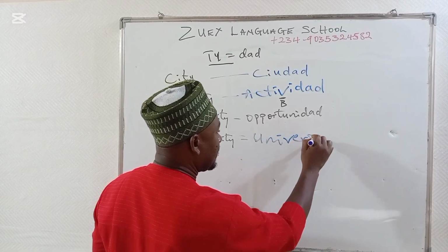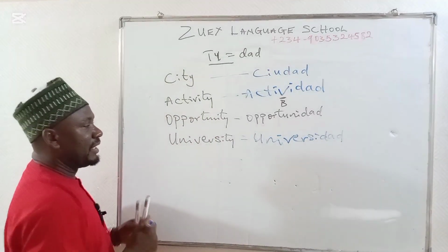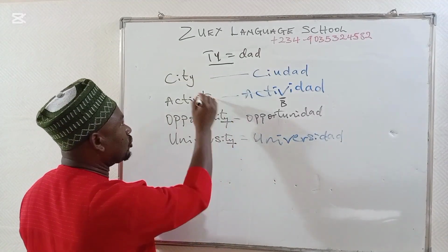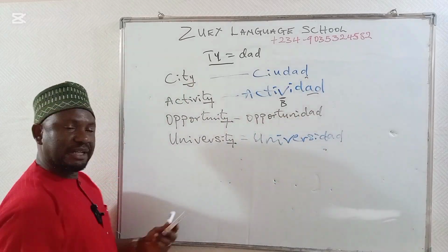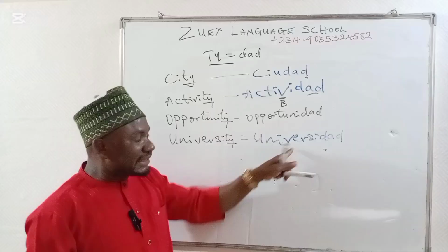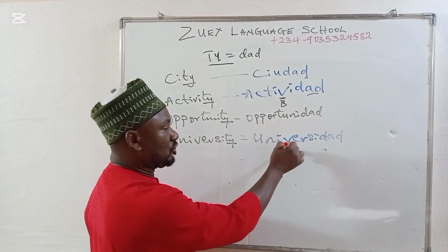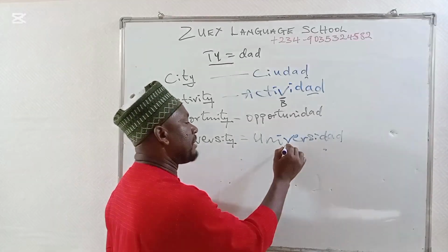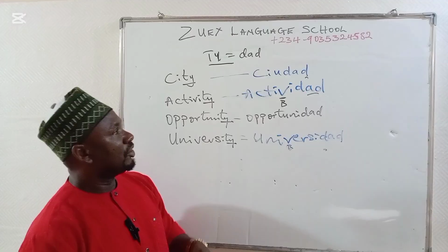Simple. The ty goes, and it's replaced with dad. That's very simple. Universidad. Remember the letter V is not pronounced as V. It's pronounced as B. So that's why we will have universidad.